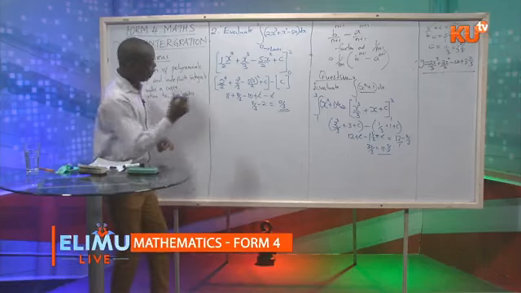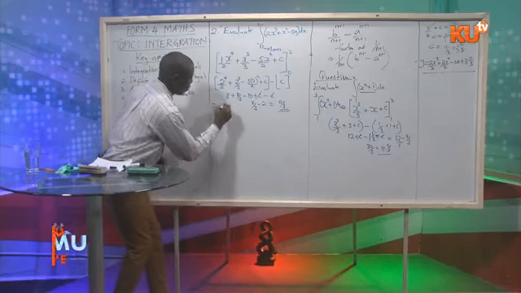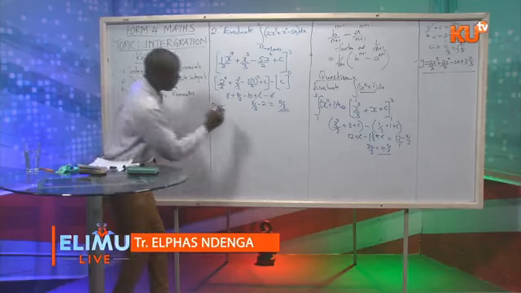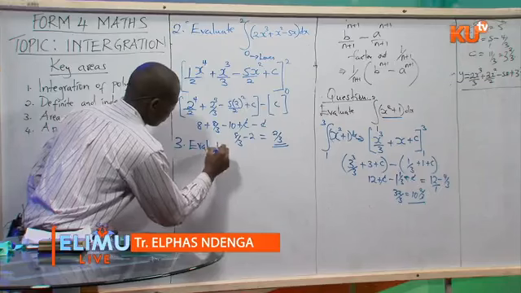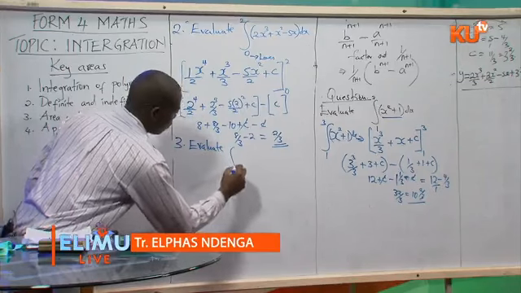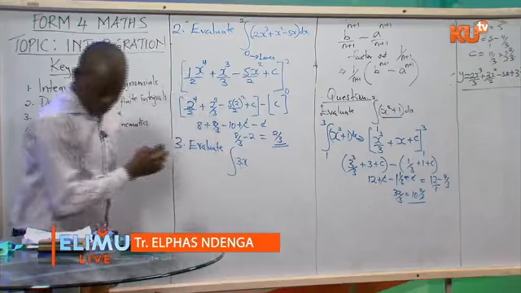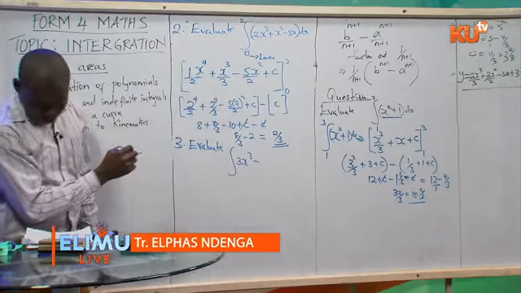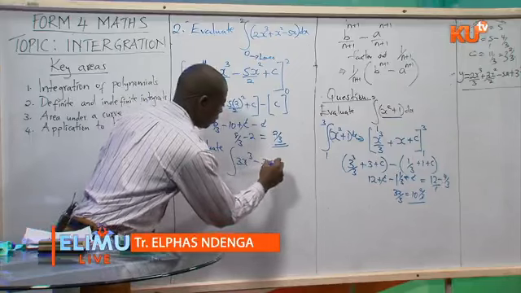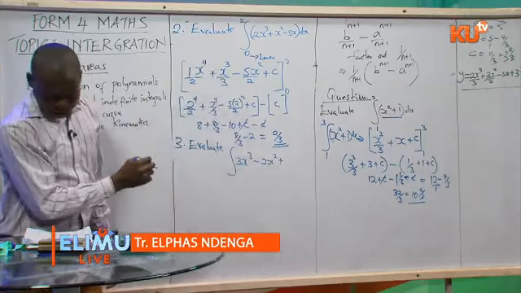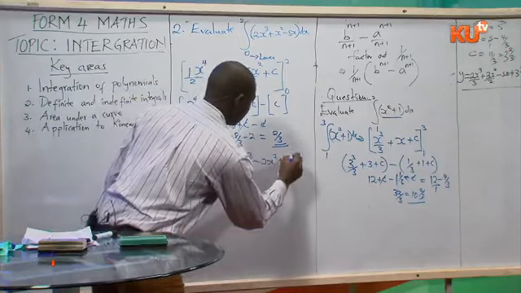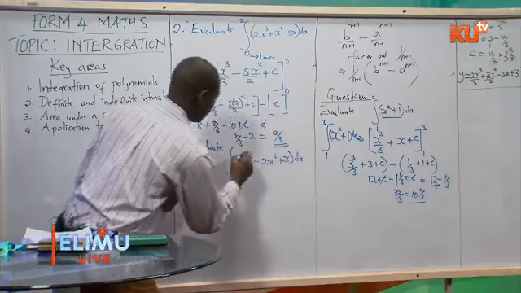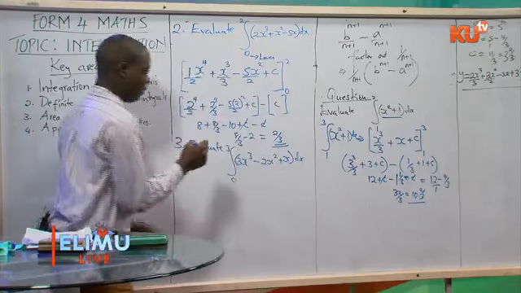Lastly, on the same, you can have this case. You are told to evaluate the integral of 3x cubed minus 2x squared plus x dx, from 0 to 3.